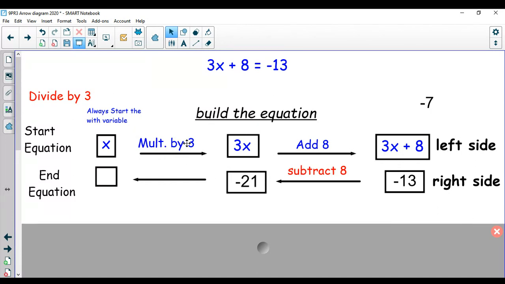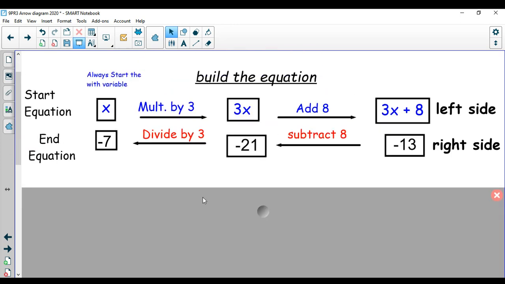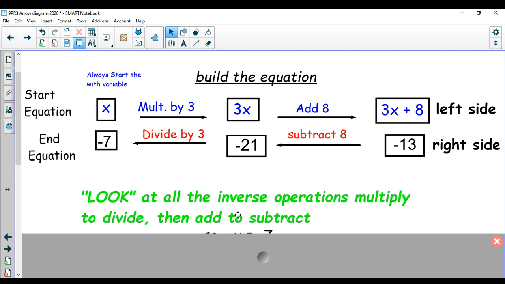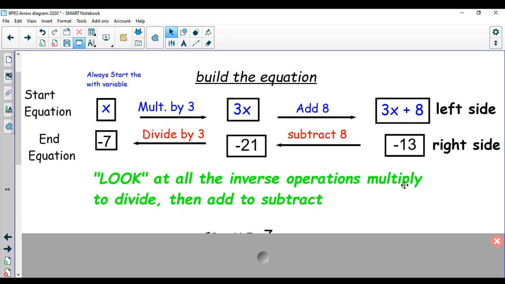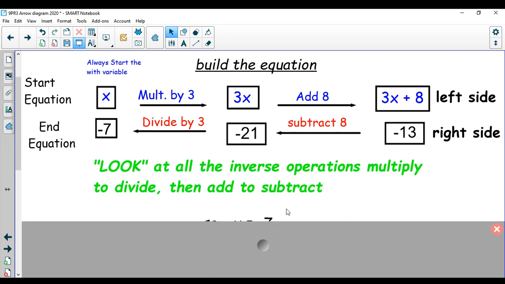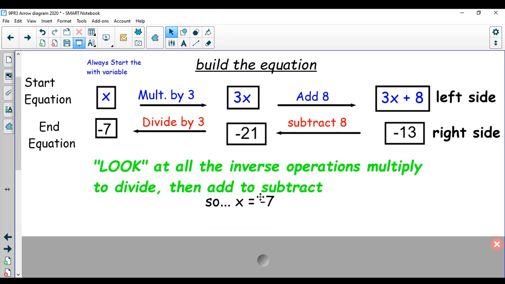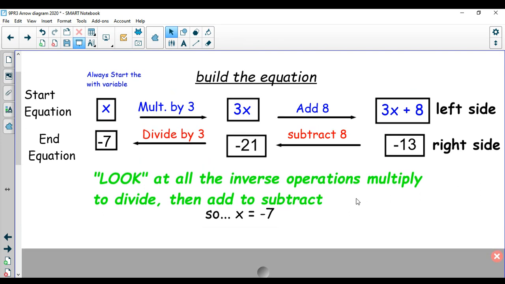Well, multiply by 3. What's the inverse of multiply by 3? Divide by 3. Negative 21 divided by a positive 3 is negative 7. X equals negative 7. Look at the inverse operation. Multiply to divide, then add to subtract. And of course, there we have x equals negative 7.